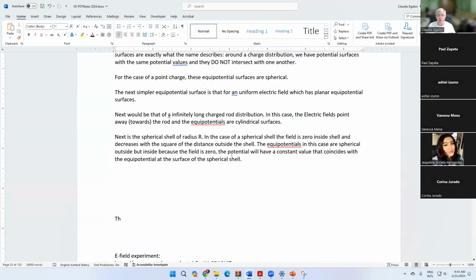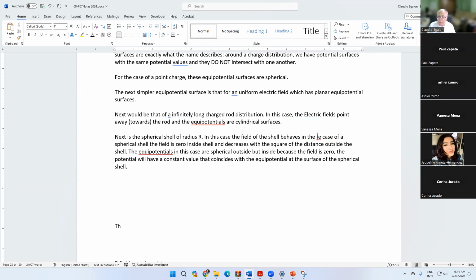Next is the spherical shell of radius r. In this case, the field of the shell behaves in the following way.